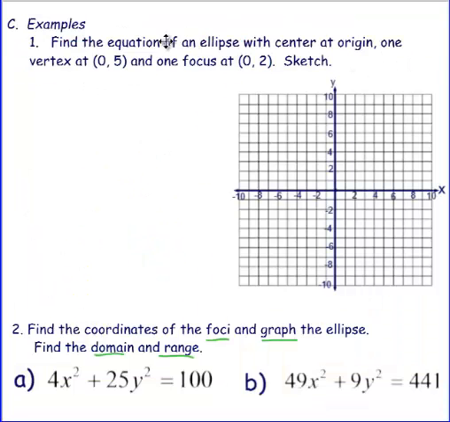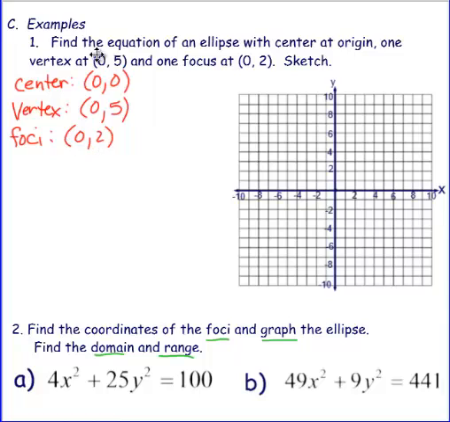All right, so they give you some information. In this particular case, our ellipse is at the origin, so the center is at (0, 0). One vertex is at (0, 5), and one focus is at (0, 2). Now, with all this information, we can find the other vertex and the other focus because the center is at (0, 0).